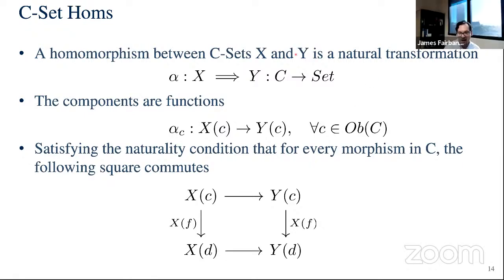What that says is that each CSet homomorphism has components, one for each object in C, and then for every arrow in C, you have to satisfy an equation that generalizes the graph homomorphism equations. If I have to map edges to edges and vertices to vertices, such that the source and target of every edge is preserved by this mapping, that generalizes from just graphs to any CSet.